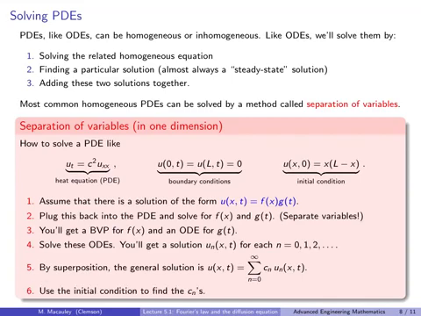Finally, we will use the initial condition to find the C_n's. So we're going to plug in t equals 0, and we will get, it turns out, a Fourier series. And then we'll have to write this initial condition in a Fourier series. And then we set the corresponding coefficients equal. Okay, let's do this.